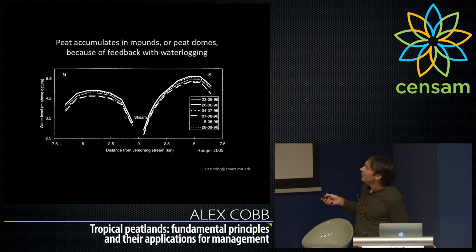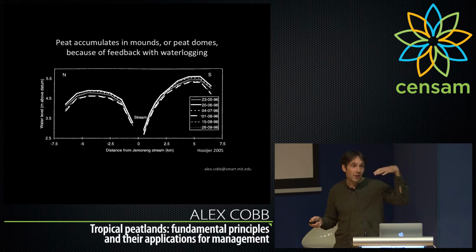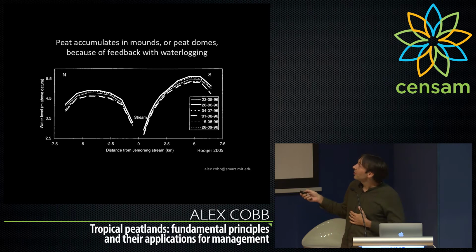So at first, it might seem very strange that the water table has a curved or mounded shape coinciding with the peat surface. Why doesn't the water just drain out of the peatland? Well, there's two things to notice. First, the scale is very exaggerated, so the curvature is actually very, very gentle in both the landscape and the water table. But also, the reason it does drain out, it's just continuously replaced by rain coming from the sky.